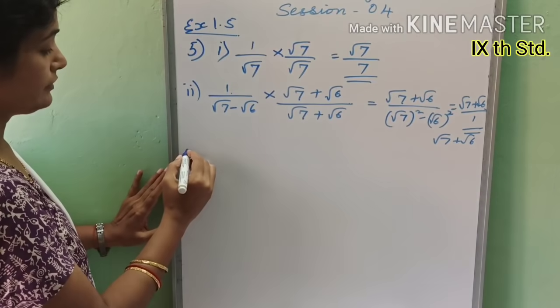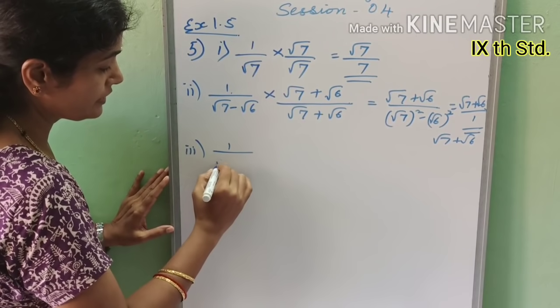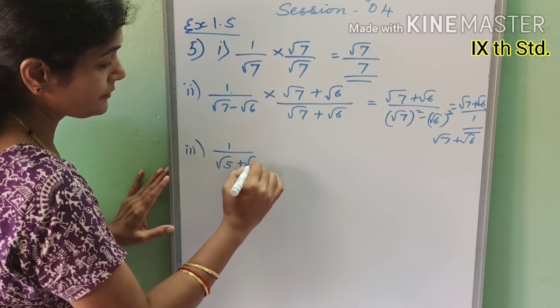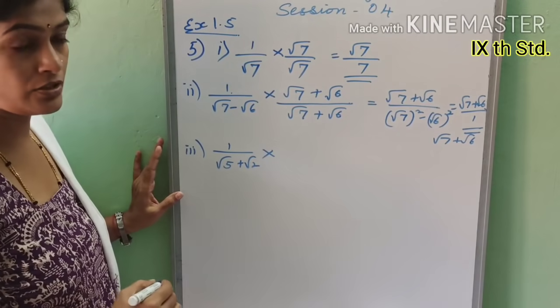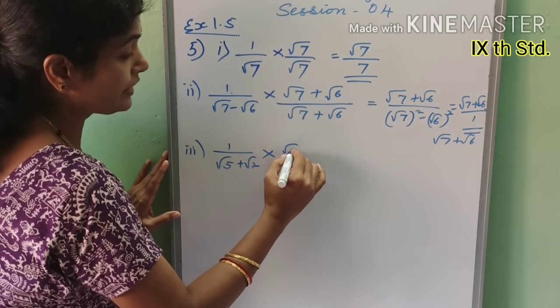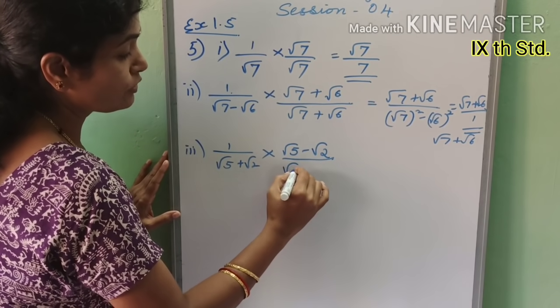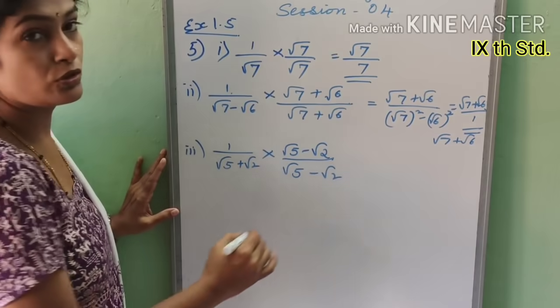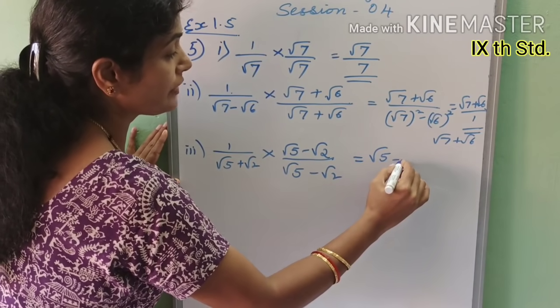Then see the third one. Similarly, third question, 1 by root 5 plus root 2. Rationalizing it again, you multiply and divide by root 5 minus root 2. Multiplying with 1, the numerator is root 5 minus root 2.